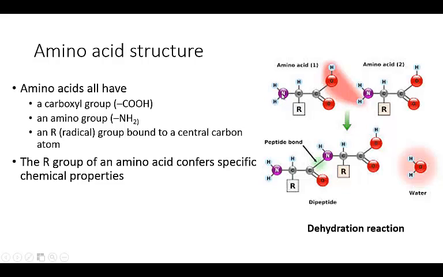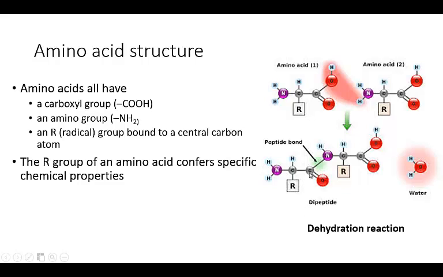And it is going to have an amino group, which is a nitrogen bound to two hydrogens. It is also going to have what we'll call here an R group. You can call this a radical group, the rest of the molecule. They will often use this in shorthand just to indicate the rest of the amino acid. And every amino acid of the 20 amino acids is going to have a slightly different structure here.